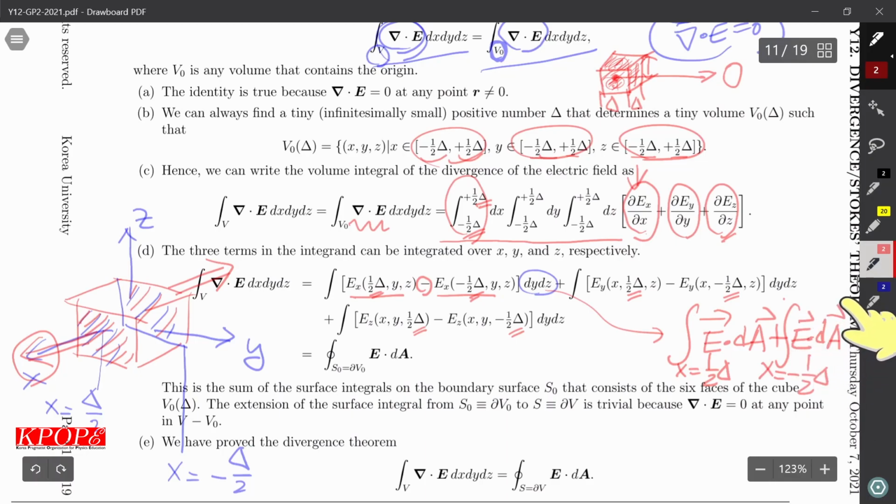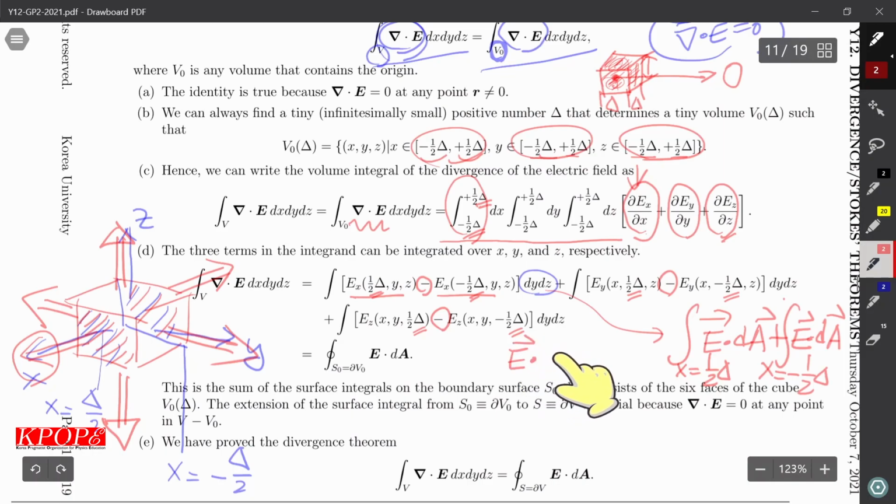In a similar manner, actually this negative sign represents the positive y direction, and this is negative, and z, positive and negative. Therefore, the sum of these 6 is actually the E field scalar product area over this closed surface enclosing V0.